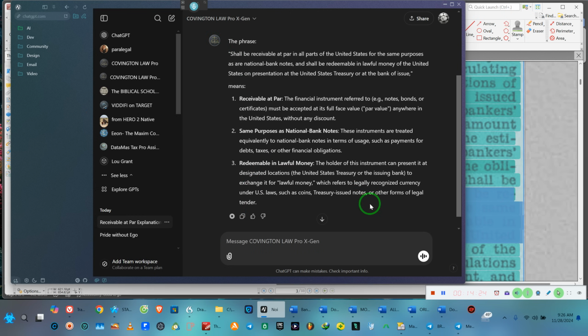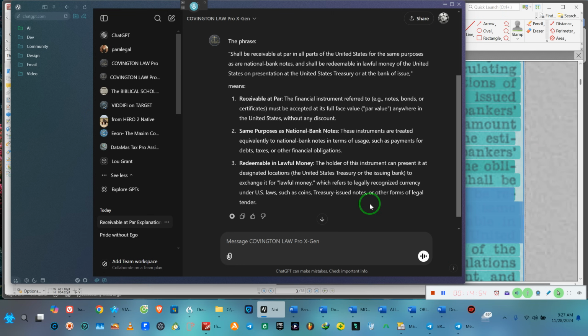The phrase "shall be receivable at par in all parts of the United States for the same purposes as our national banknotes, and shall be redeemable in lawful money of the United States on presentation at the United States Treasury or at the bank of issue" means 1. Receivable at par. The financial instrument referred to, e.g., notes, bonds, or certificates, must be accepted at its full face value, par value, anywhere in the United States without any discount. 2.